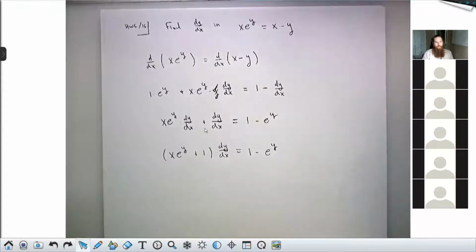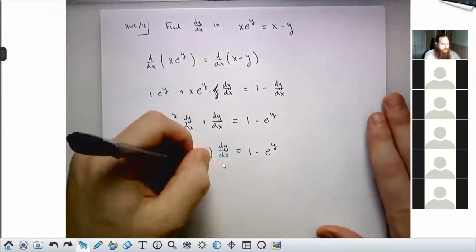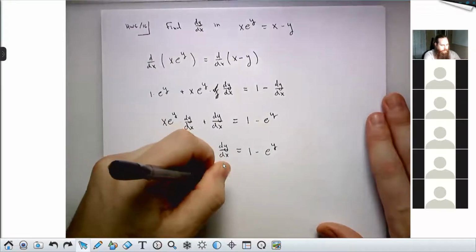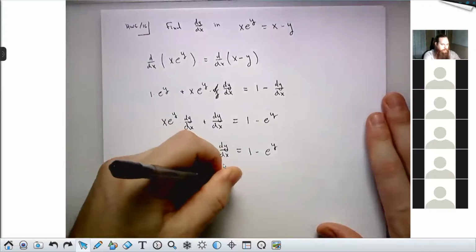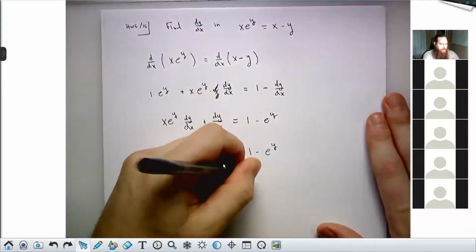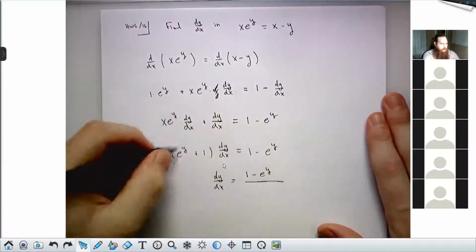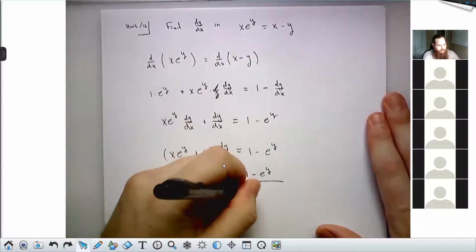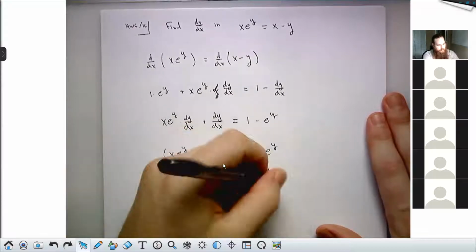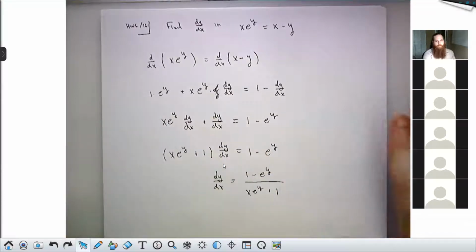We need to factor this out so that we can then divide over by this piece and get dy dx on its own. So my last step is going to look like dy dx equals this, 1 minus e to the y, divided by this, x e to the y plus 1. And that's it.